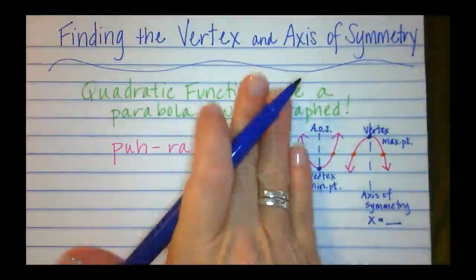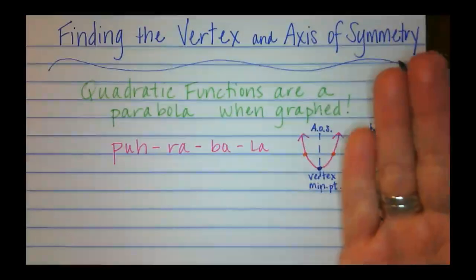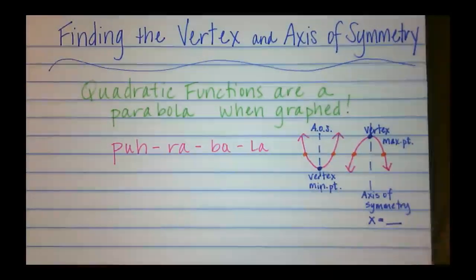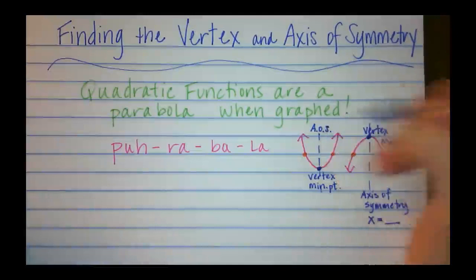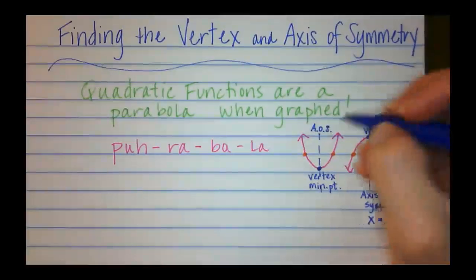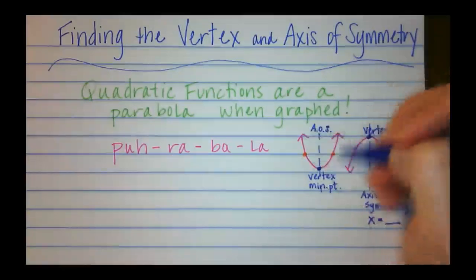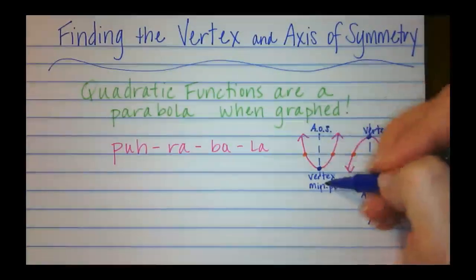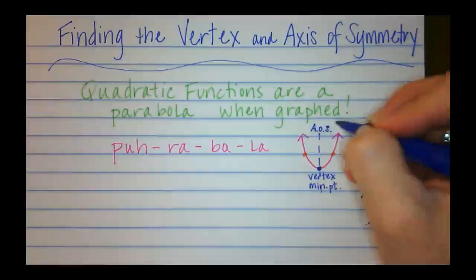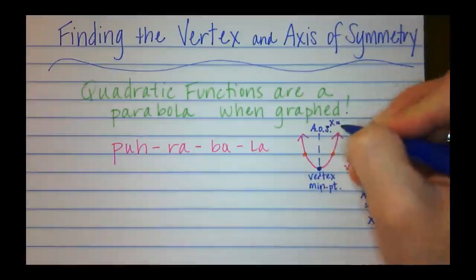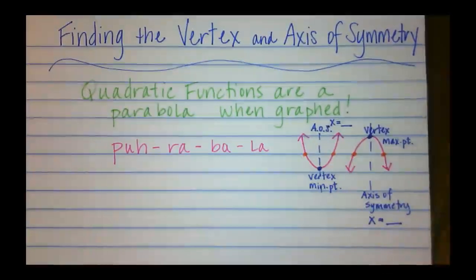So we know that the left side of the parabola is a reflection of the right side of the parabola. And so that's why it's an axis of symmetry. So it's a line of symmetry. The deal, again, is that since we are working with functions, our axis of symmetry is a vertical line. And the equation of a vertical line is x equals whatever. And that all depends on where the vertex is located. So the vertex and axis of symmetry are basically the same.